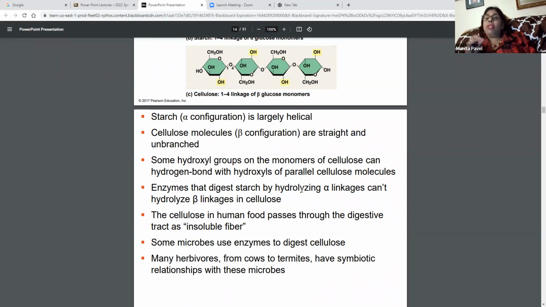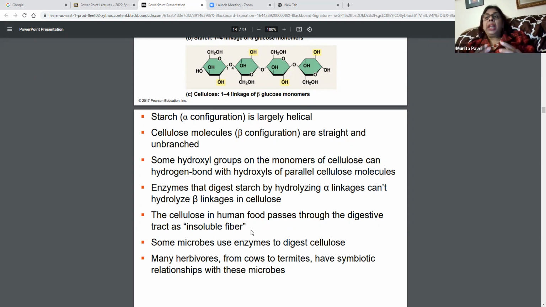And that is why all those tendrils, however much we try to chew celery or broccoli or the stem or the stalk or asparagus, that undigested material will be left in the mouth. The cellulose in human food passes through the digestive tract as insoluble fiber.